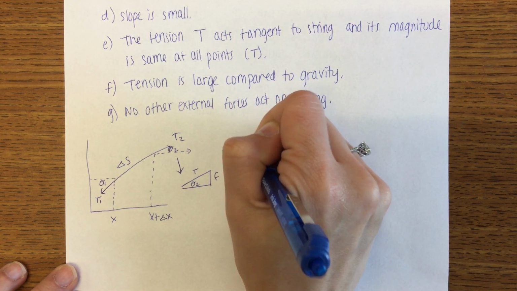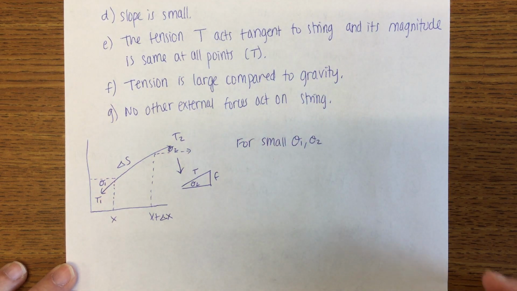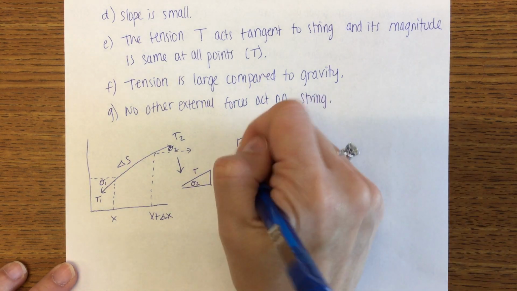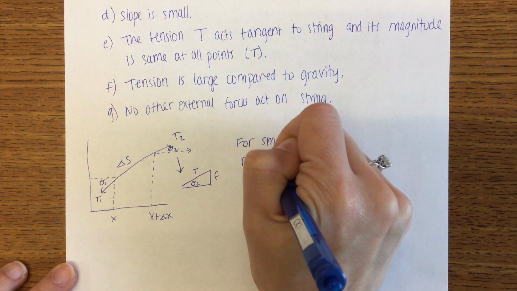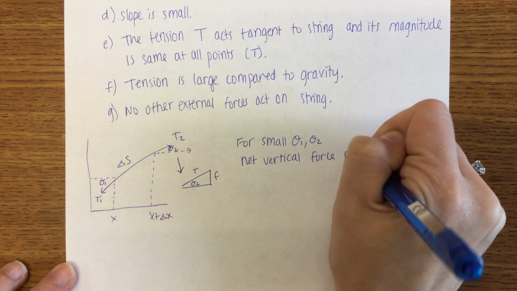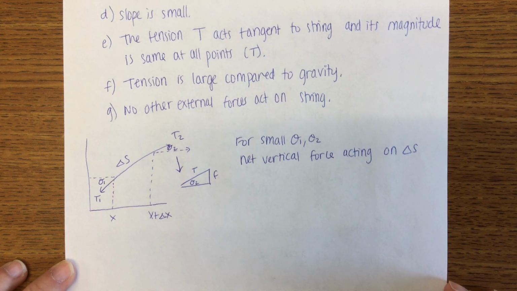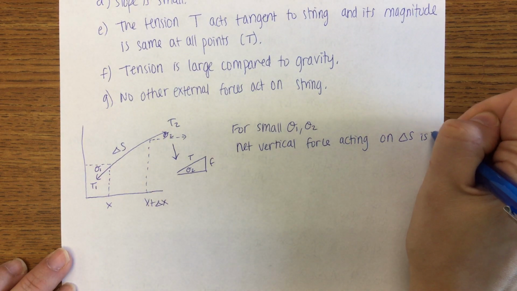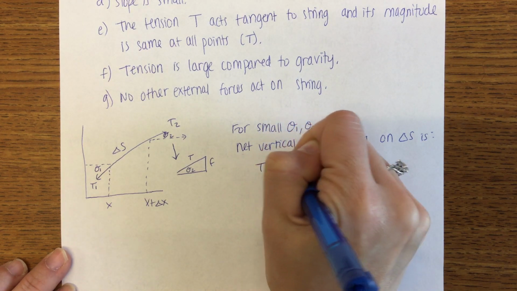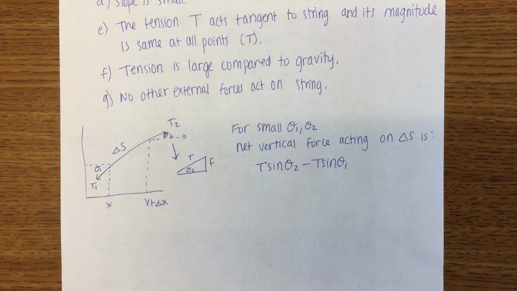Okay, so if we have small angles, if we have small theta 1, theta 2, then the net vertical force acting on that delta S, on that string, is going to be T sine of theta 2 subtract T sine of theta 1.